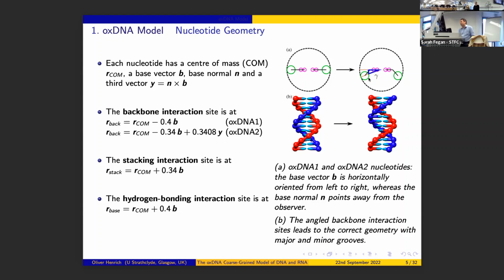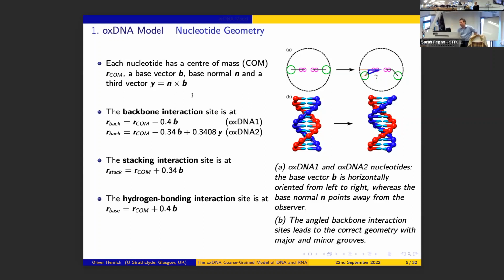So you achieve this major minor groove feature by angling the backbone interaction site away from this base vector, which is just connecting the stacking and the hydrogen bonding site. So the base vector is here, this horizontal direction. And then you've got the base normal, which I think points away from us into the screen.